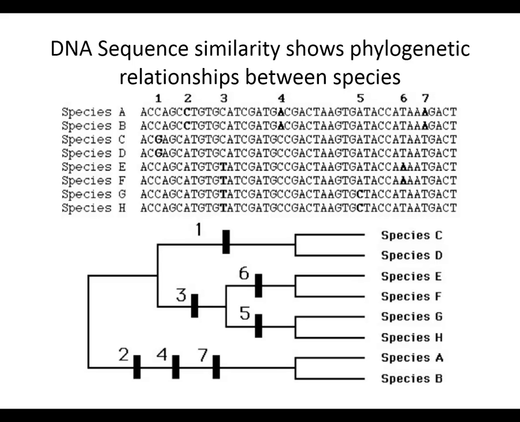Well, we've got 1 difference here, 2 differences here, 3 differences here, 4 differences here. So 0 differences between C and D, 4 differences between B and C. And as we can see, C and B are much more distantly related. Guys got that? Okay.